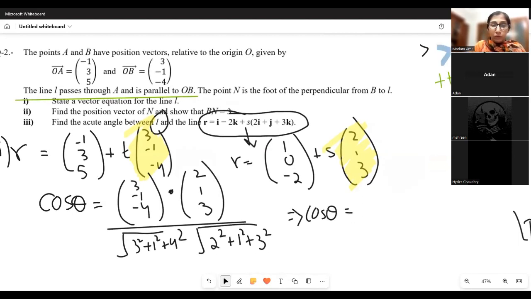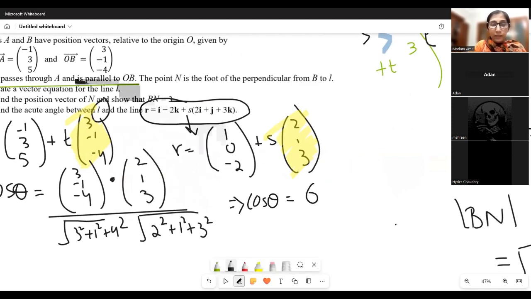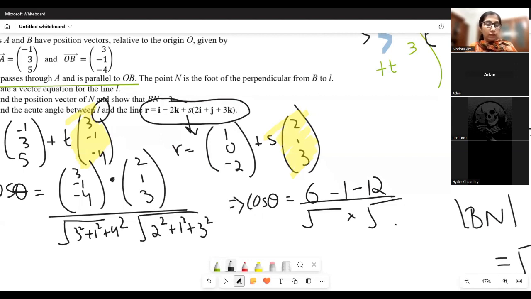The dot product is going to be 6 minus 1 minus 12, so cos theta equals -7 upon square root of 21 times square root of 14, which is 7 square root of 6.